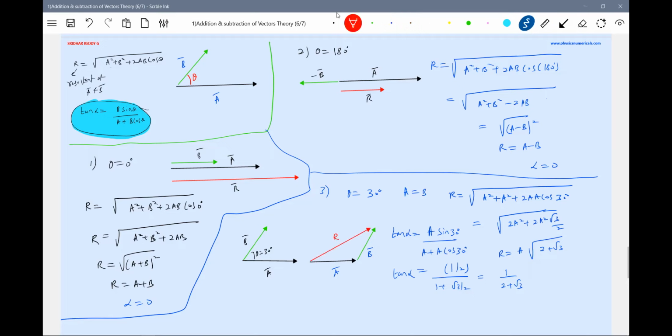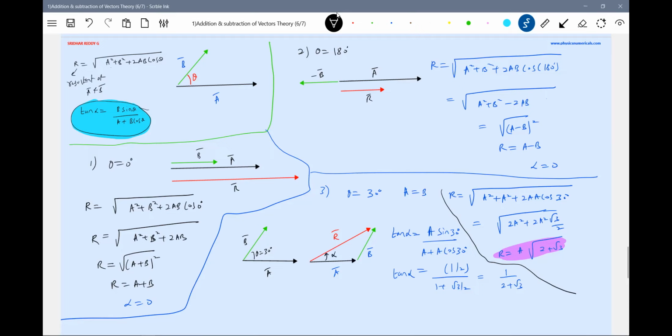This is the R bar. What is the length of that R? It is A into under root of 2 plus root 3. Try to see here. And what is the angle? The alpha is this one.